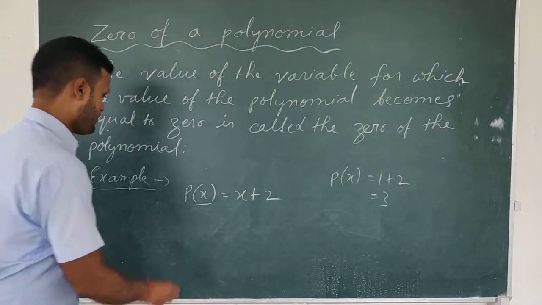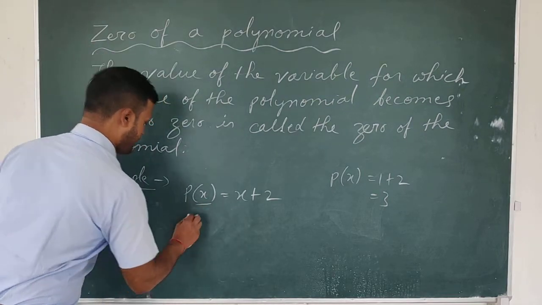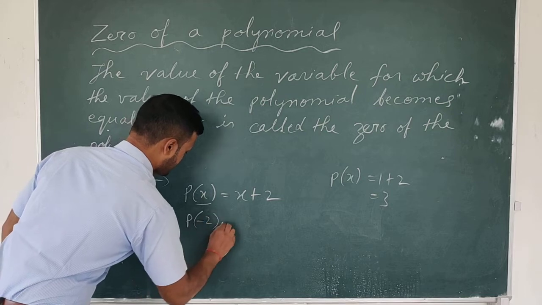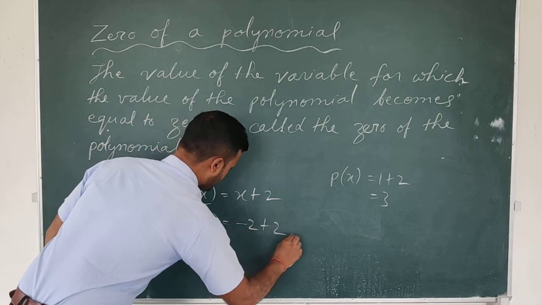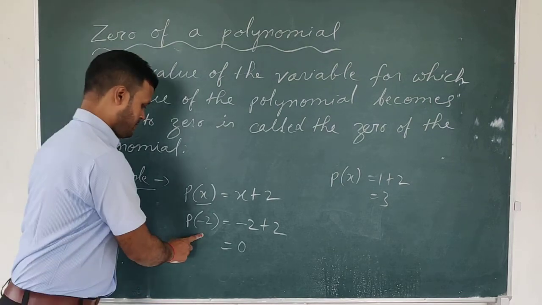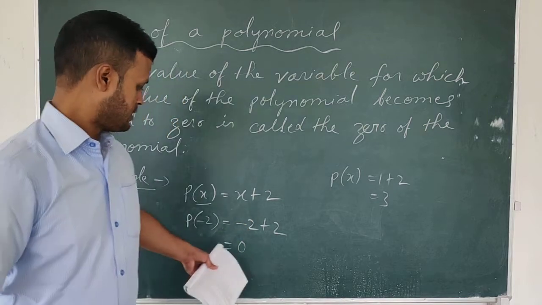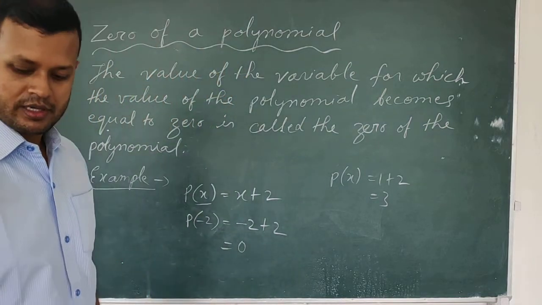Now suppose in place of x, if I put the value minus 2, so p(x) becomes p(-2) is equal to 0. What does that mean? In place of x, if you put minus 2, the value will become equal to 0, isn't it?